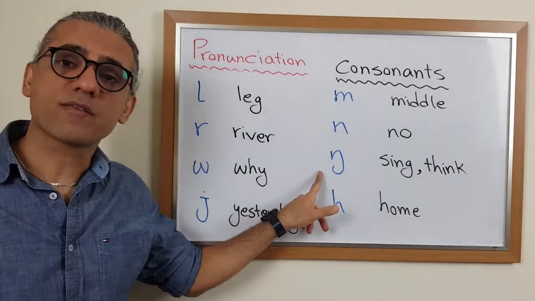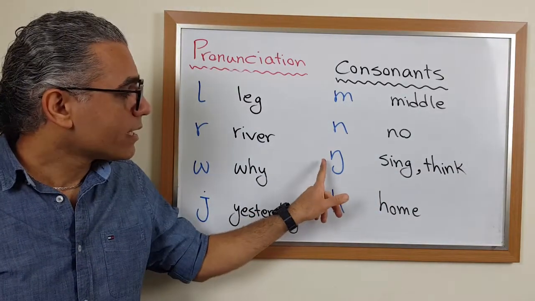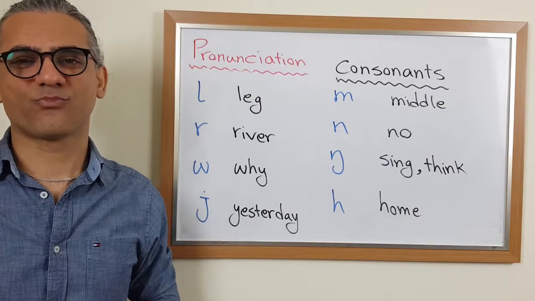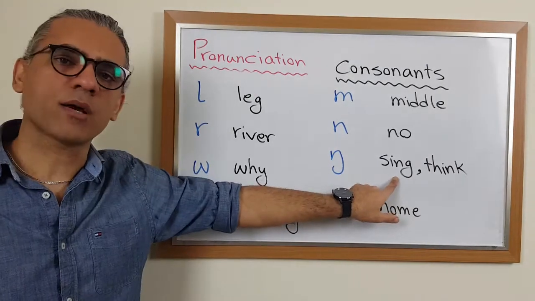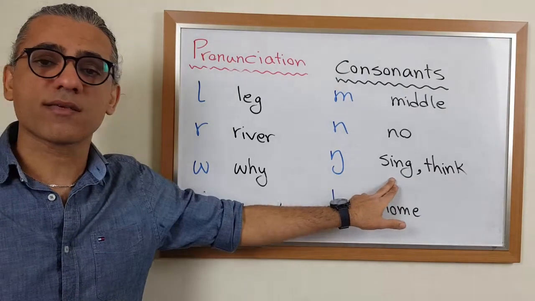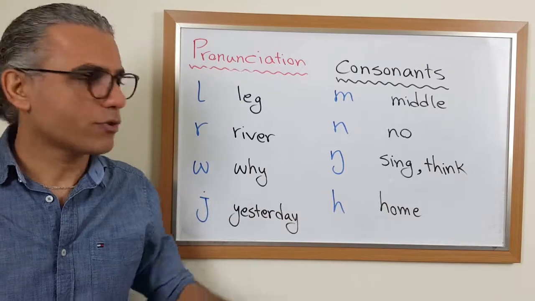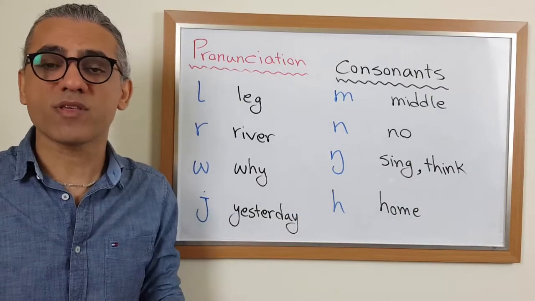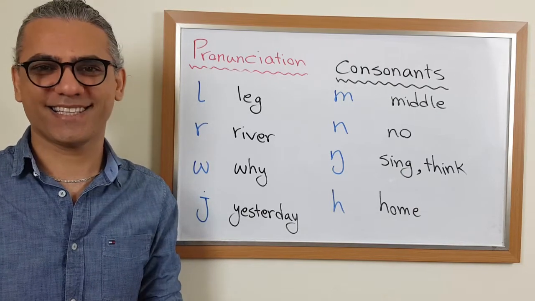And this one is pretty interesting. Okay, look at this example. We never pronounce this as synagogue. We don't say s, I, n, and g. We don't say synagogue. We say sing.